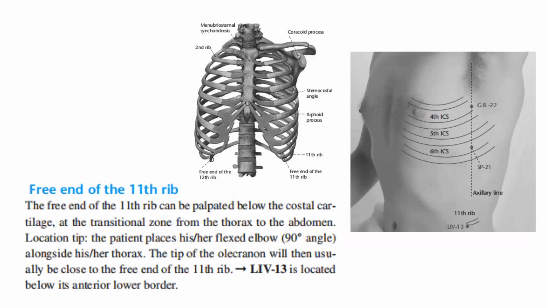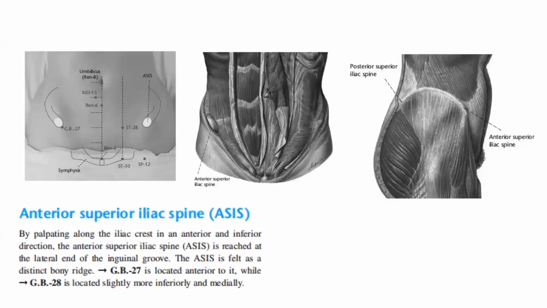Location tip: the patient places his flexed elbow at a 90-degree angle alongside his thorax. The tip of the olecranon will then usually be close to the free end of the 11th rib. Liver 13 is located below its anterior lower border.